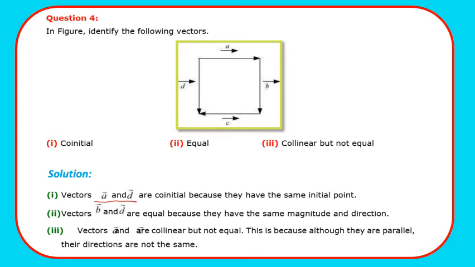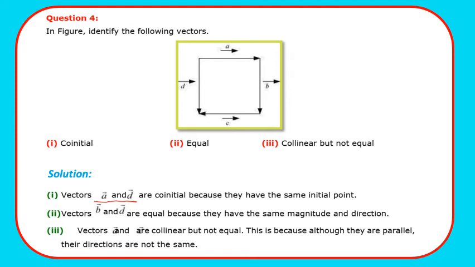Done. Second one was equal vectors. So vectors B and D will be the equal vectors because they have the same magnitude and the same direction. A and C have equal magnitude, but they have different, opposite directions, so they are not equal. And third is collinear but not equal.